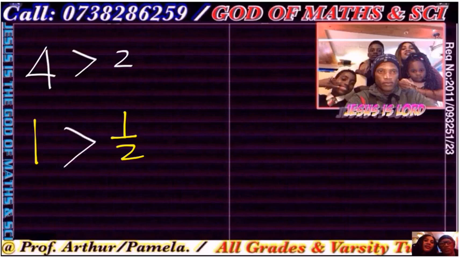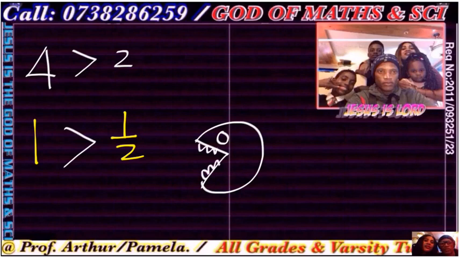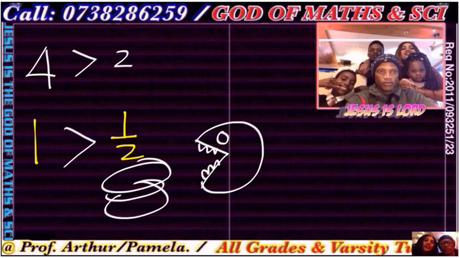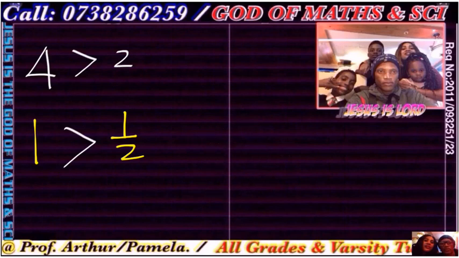It goes like this, because this is the mouth of Pac-Man. Pac-Man must open his mouth. He must eat the bigger pizza, the bigger burger. He loves the bigger burger. The mouth must be open to the bigger number all the time. So can you see it's logic?